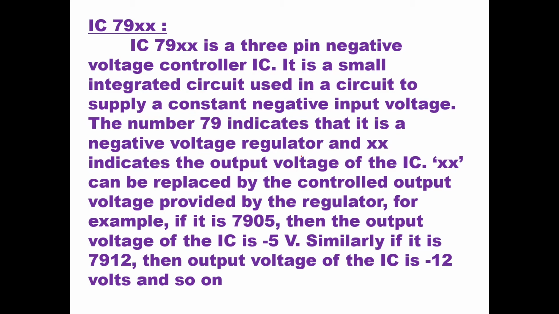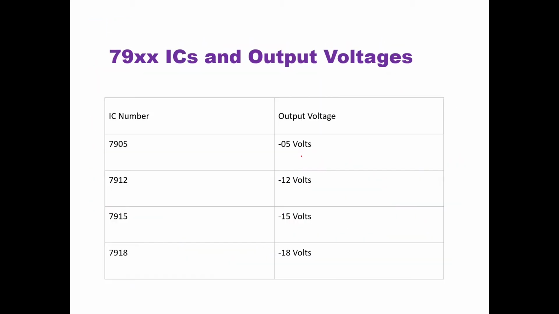For example, if it is 7905, then the output voltage of the IC will be minus 5 volt. Similarly, 7912 gives minus 12 volt, 7918 gives minus 18 volt, and 7920 gives minus 20 volt. In that way it goes on.